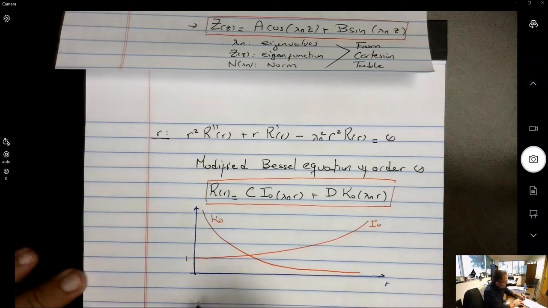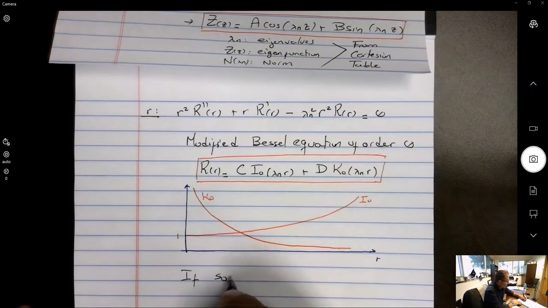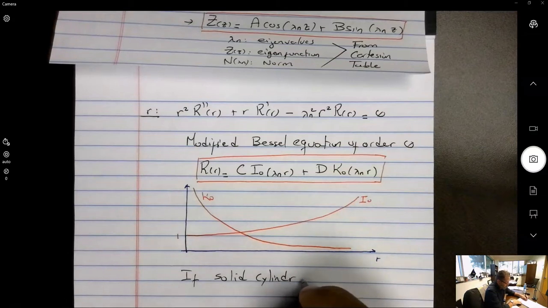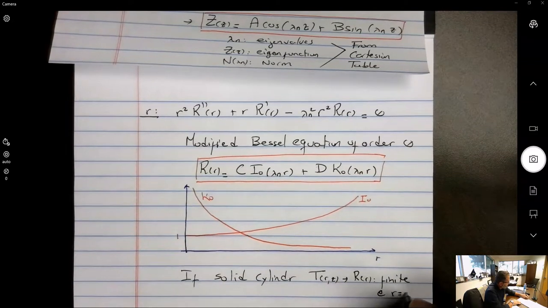So if the cylinder is solid, basically it means that the solution T of R and Z, and therefore R of R, must be finite at R equals 0.